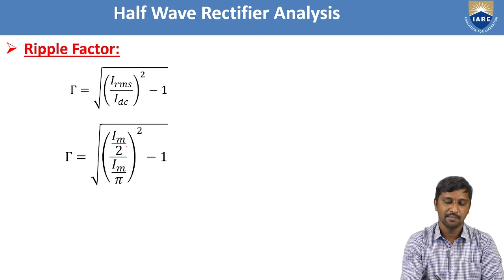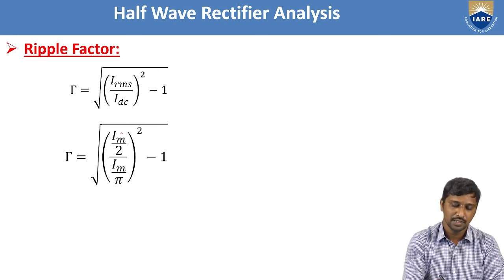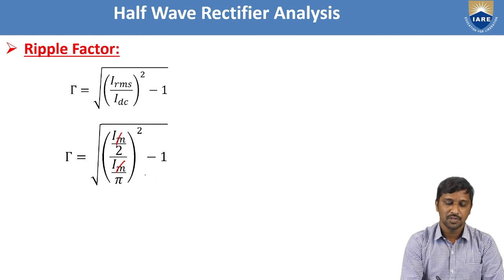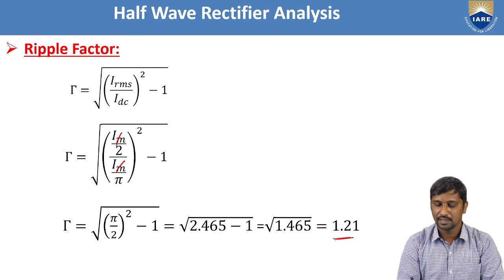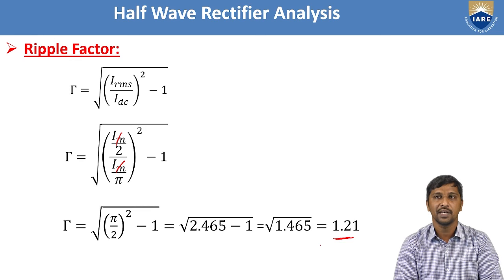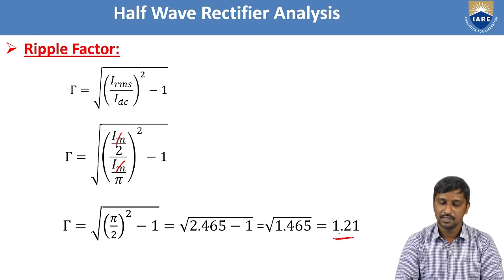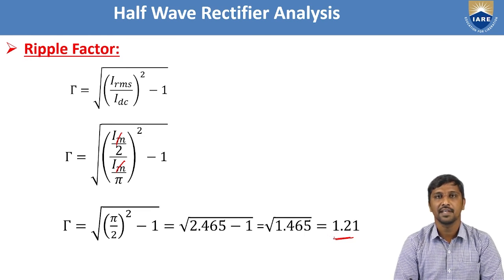IRMS is Im by 2 and IDC is Im by pi. Substituting, this becomes the square root of (pi by 2) whole square minus 1. Substituting the value of pi and simplifying, the ripple factor gives 1.21. This means this amount of ripple will occur in the rectified output of the half-wave rectifier.